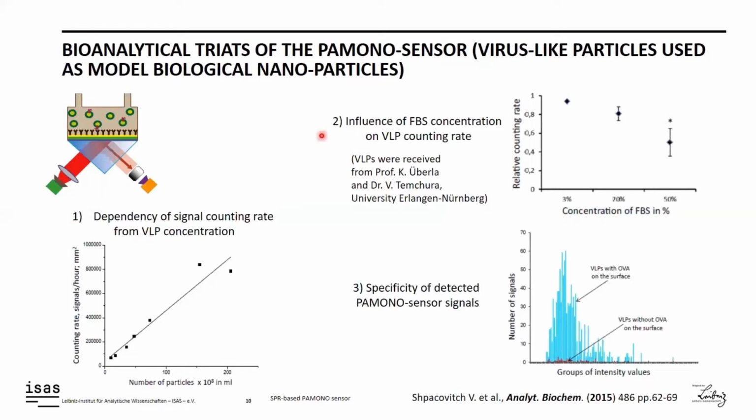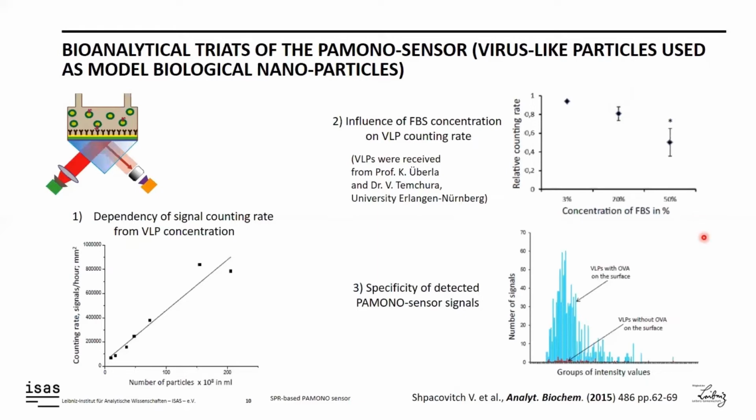We also noticed that the influence of serum on the detection of virus-like particles is rather small until relatively high concentration of serum in solutions. Thus, the PAMONO-sensor can work in complex biological matrices with complex biological samples.